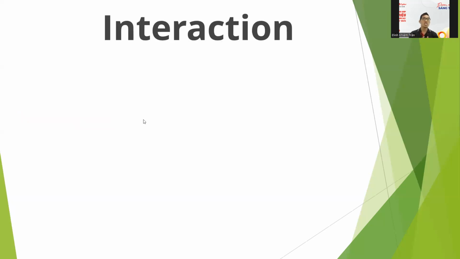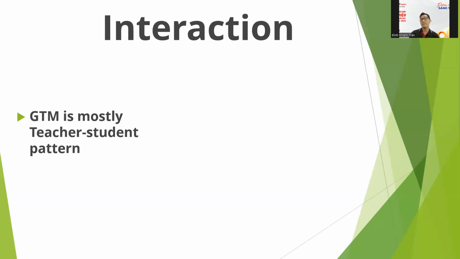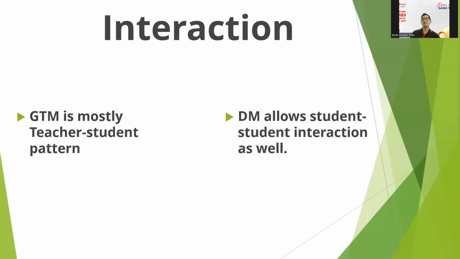For the interaction, the Grammar Translation method is mostly a teacher-to-student pattern. That means the teacher will ask and the student will respond to the questions without talking with other people. But the direct method allows the students, the learners, to interact with each other.